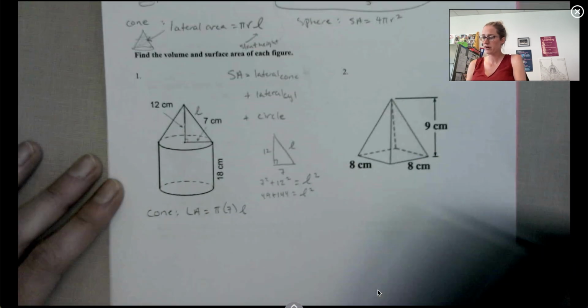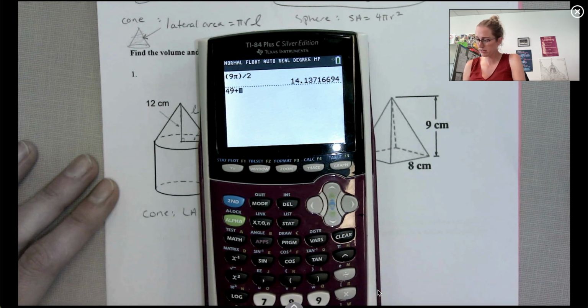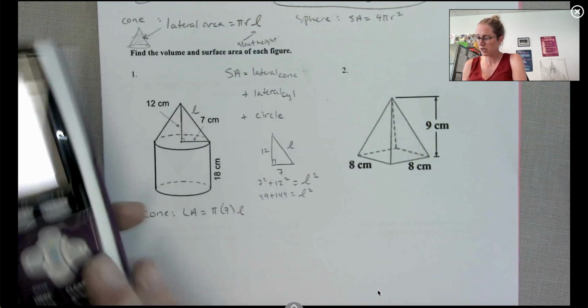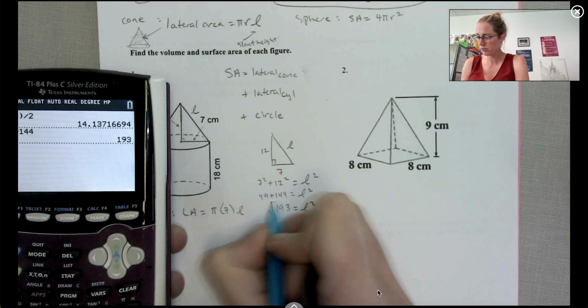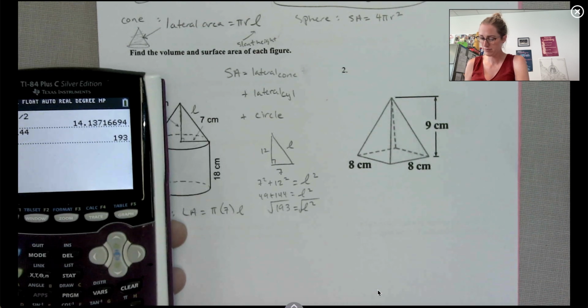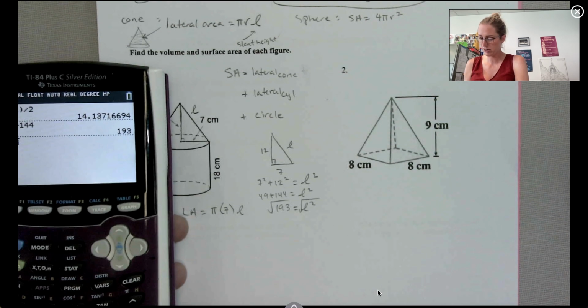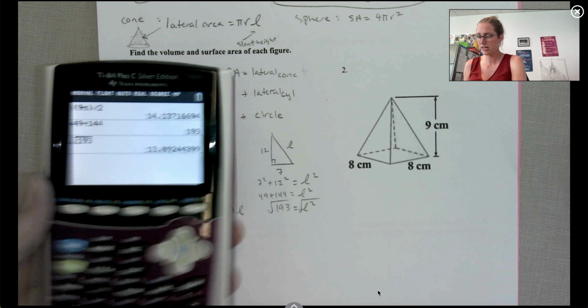Add those together, we got 193 equals L squared. Take the square root. So L of 193 is 13.89.